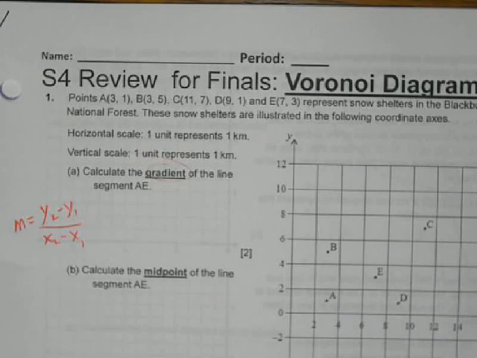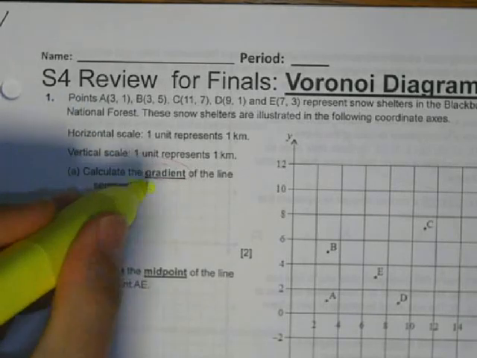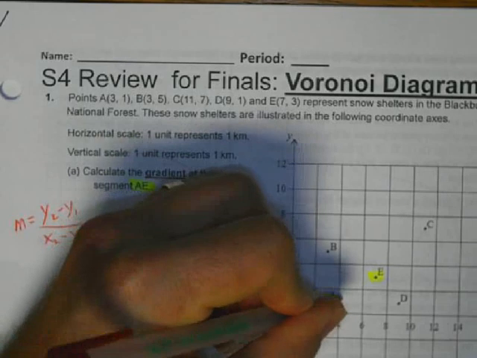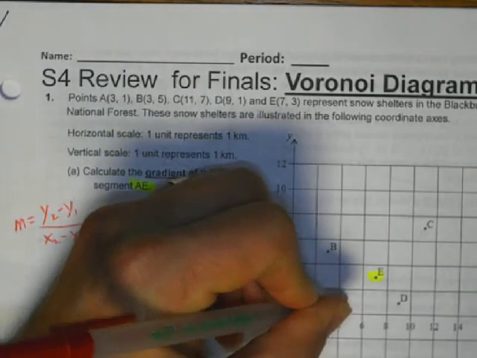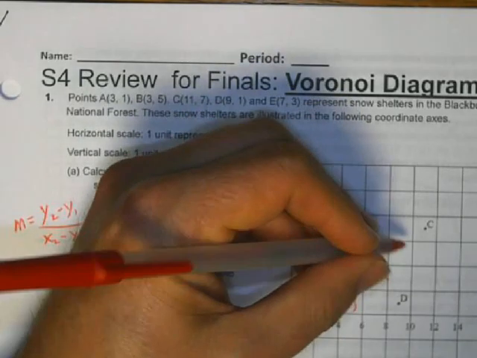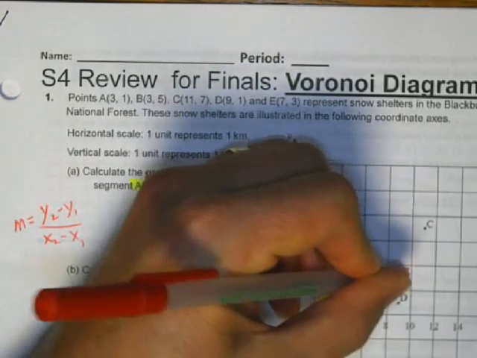So we're trying to find the gradient between A and E. That's these 2 points right there. So this point here has coordinates 3, comma 1, and this coordinate there has 7, comma 3.